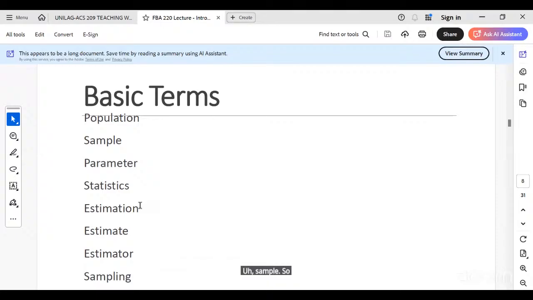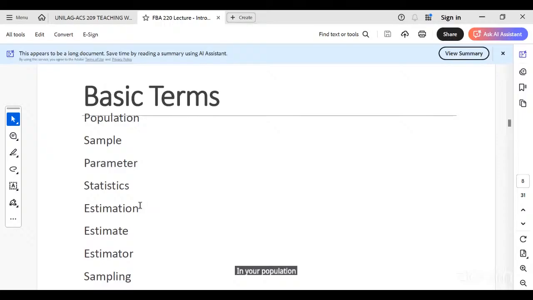So another term that we'll be making use of more often in this course is parameter. A parameter is a function of all the units in a population.